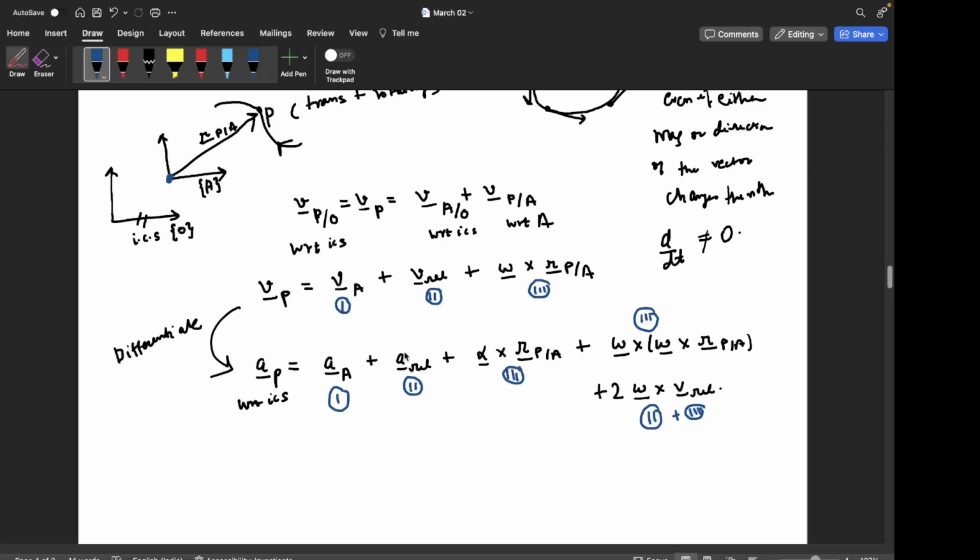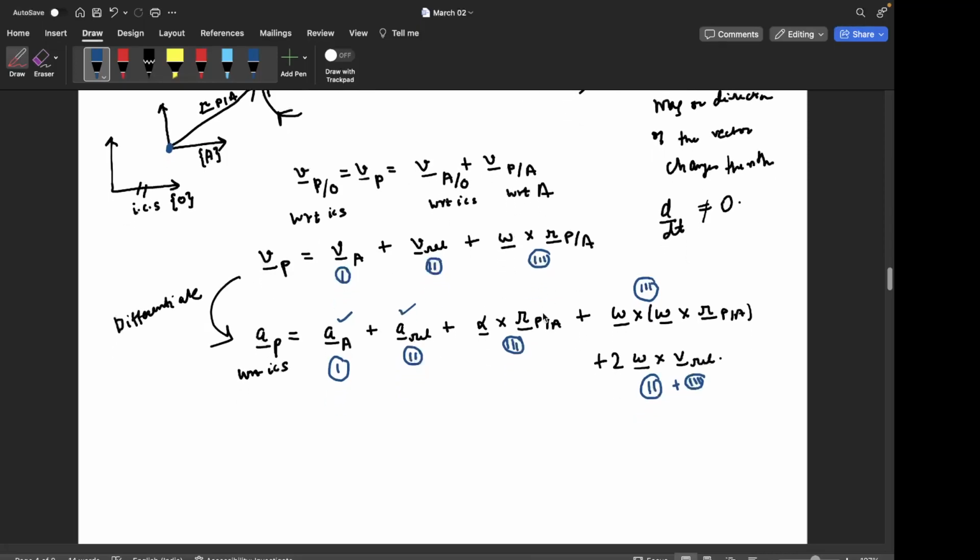Differentiating that, we get the relative acceleration in frame A. That is also straightforward. The two terms are done. So the relation is d by dt of v rel is a rel.